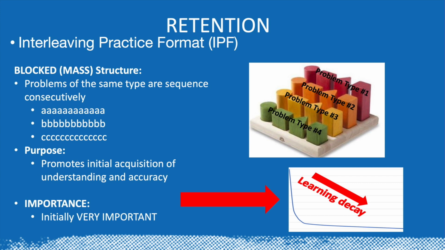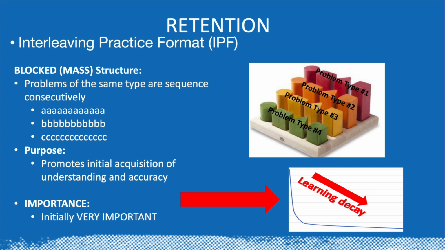So there's a structure that is called blocked or mass practice. The definition of blocked or mass practice is when kids are practicing the same type of problem consecutively. So I have A, and all the A's are the same problem. I don't know, order of operations, or graphing a linear equation, or using a tens frame to count a number. They're all the same.